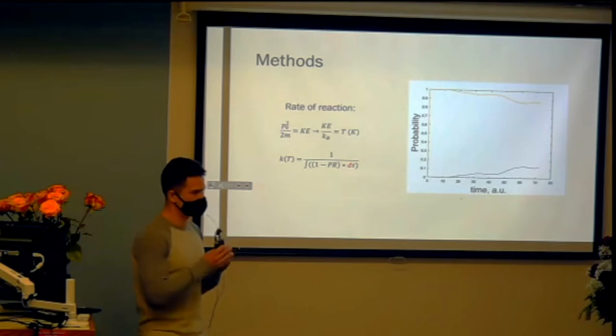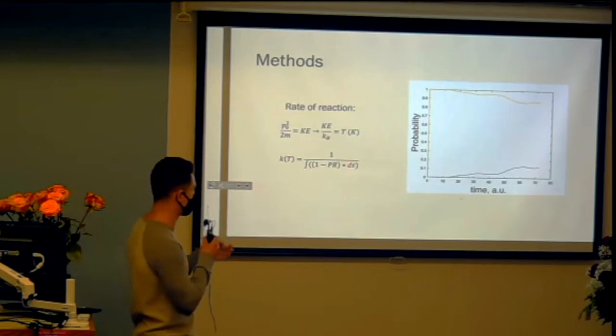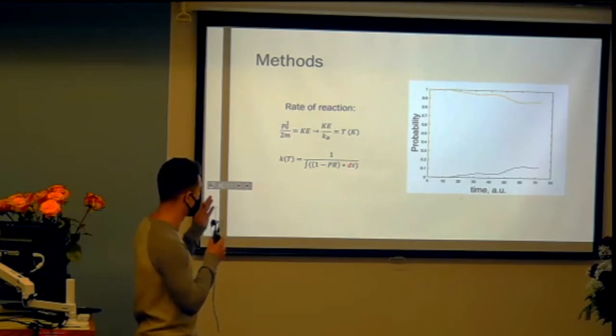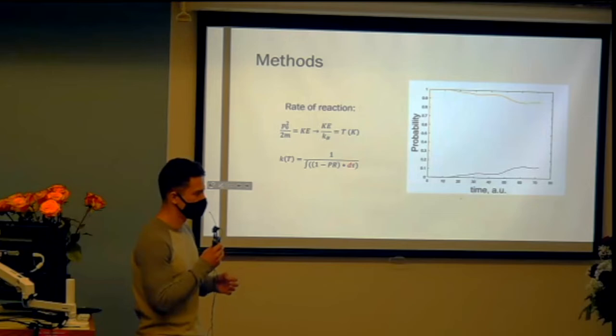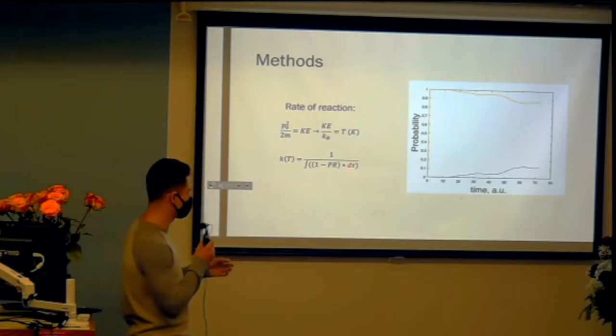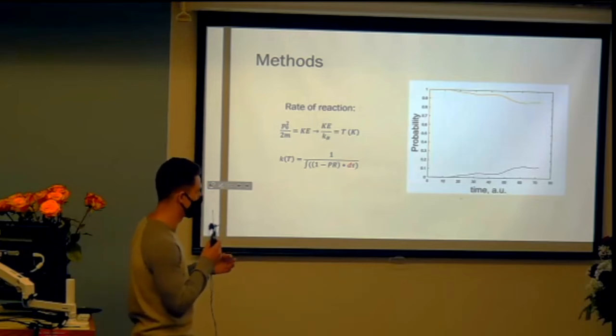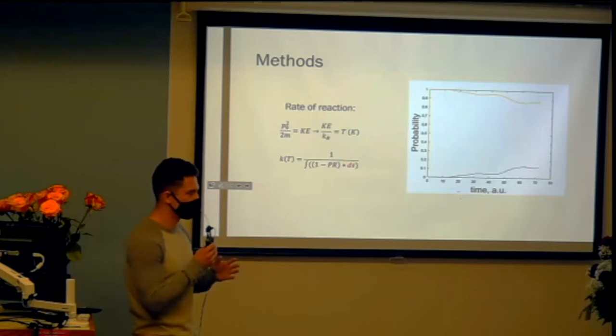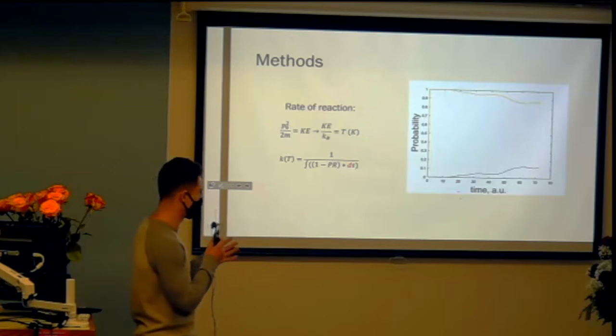So my first thing I'll look at is the rate of reaction. We'll take the initial momentum and convert it to kinetic energy, and then from kinetic energy to temperature. Once we have the temperature, we'll take the rate at each temperature along the span of the graph.